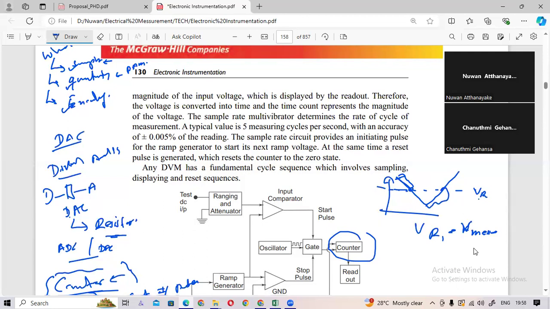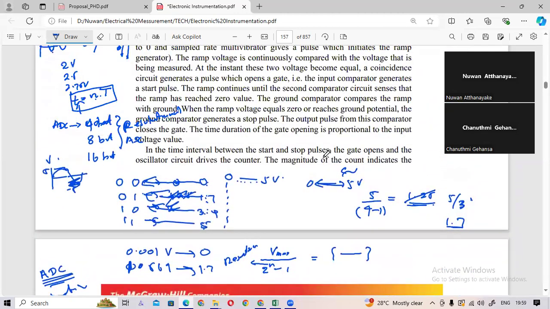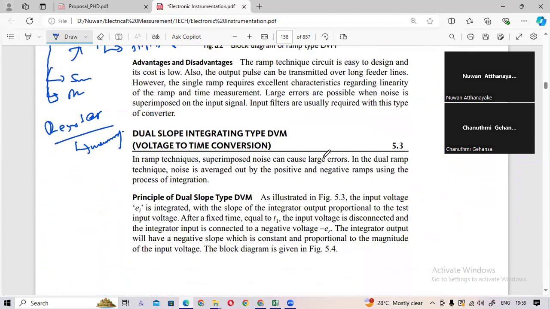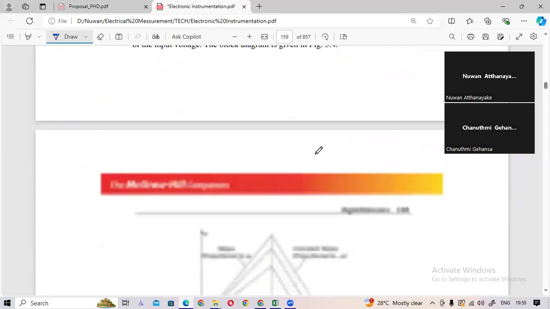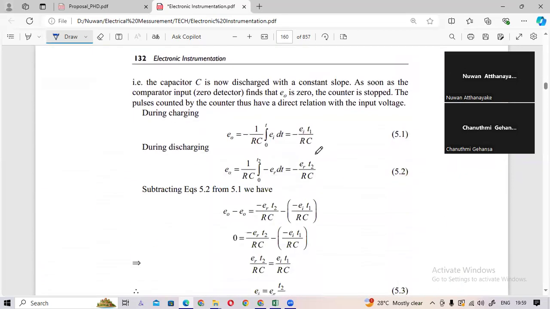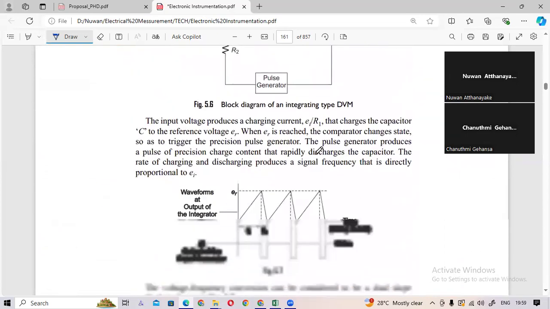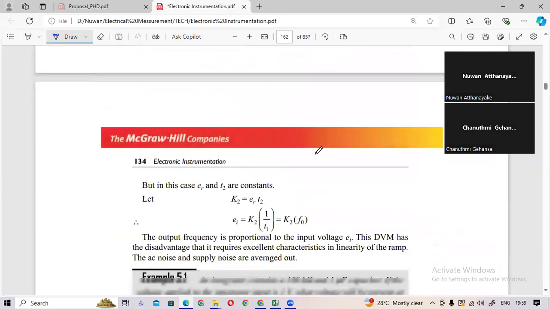Using this function and this time, you can calculate this voltage value. So that is the ramp technique. I think that is enough for the ramp type signal.